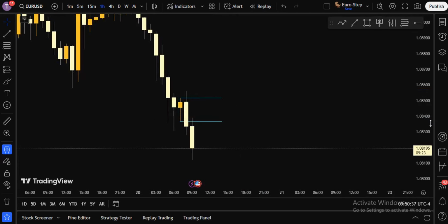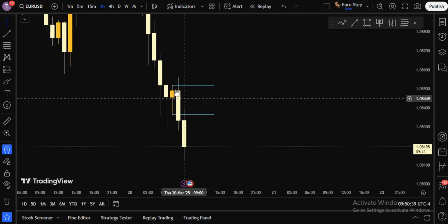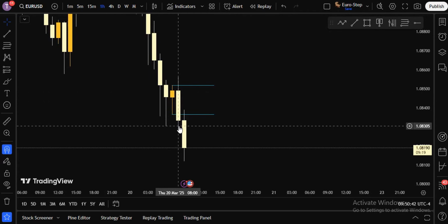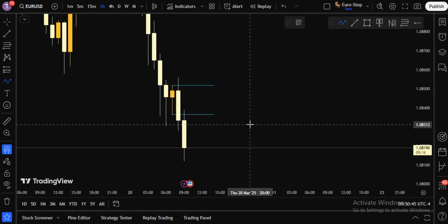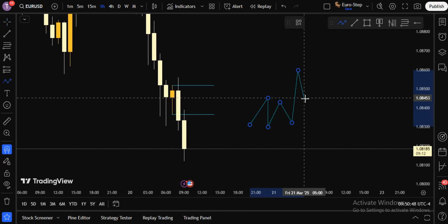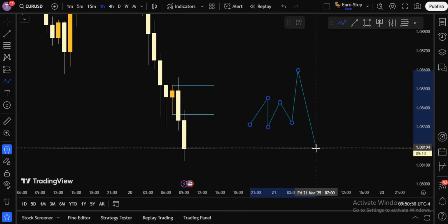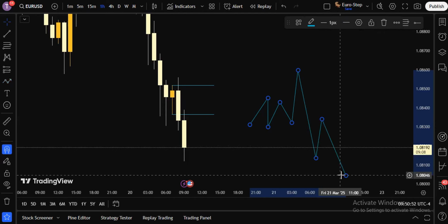From there, that candle should outline the AMD process: accumulation, a possible manipulation phase before we actually get distribution.